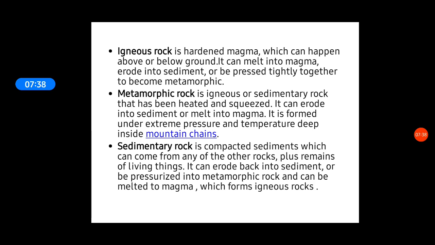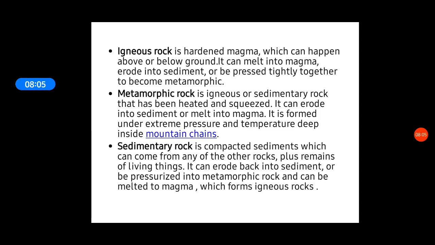Then we talk about metamorphic rocks. Now, this is igneous or sedimentary rock that has been heated up or exposed to a variety of geographical conditions which really change their form. And when their form is changed, we are talking again about the rock cycle.